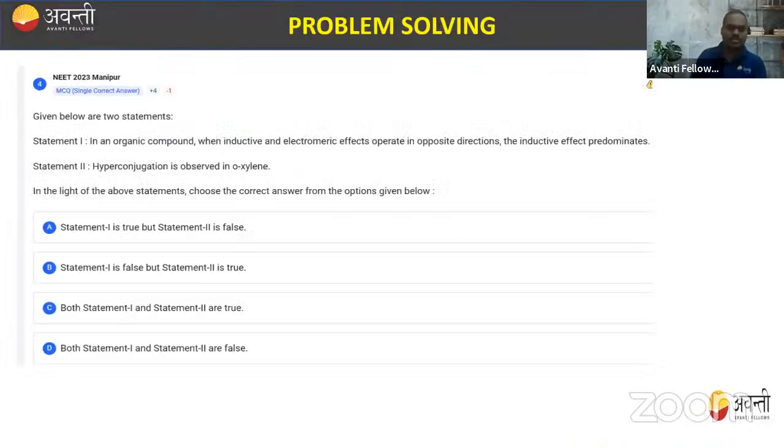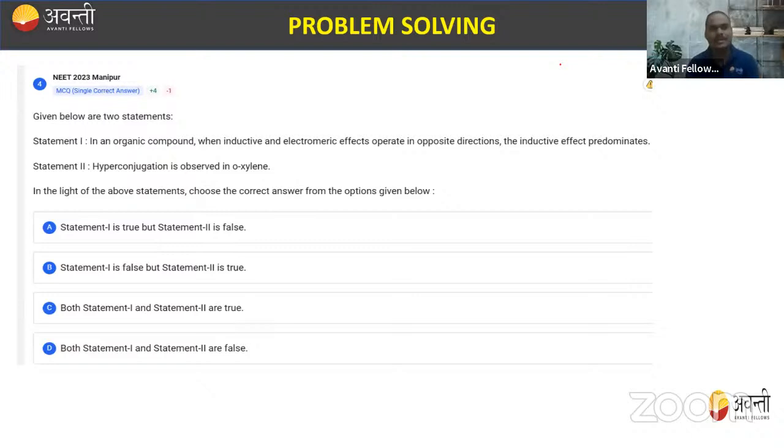Now the first question comes from NEET 2023. It is an assertion-reason, statement-wise question.